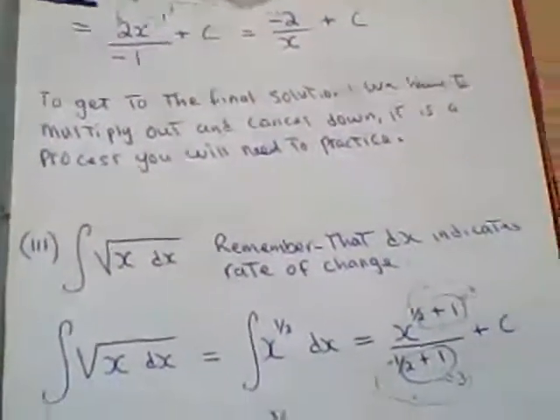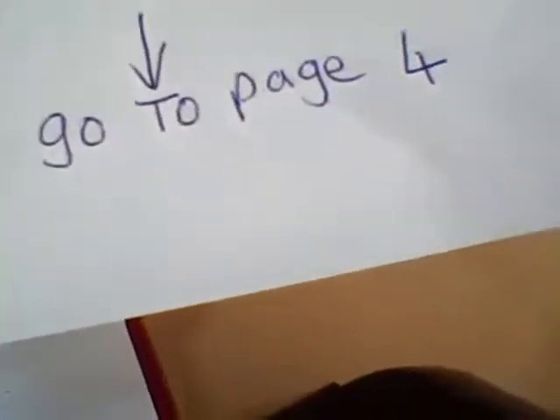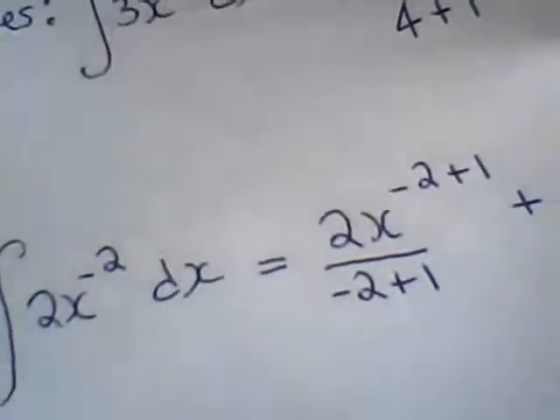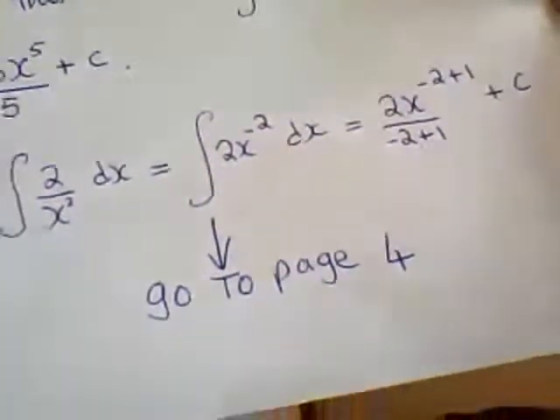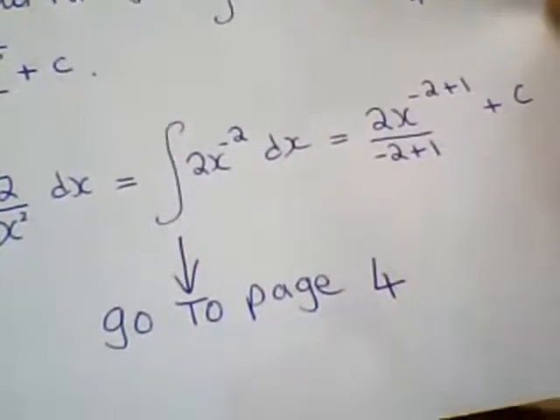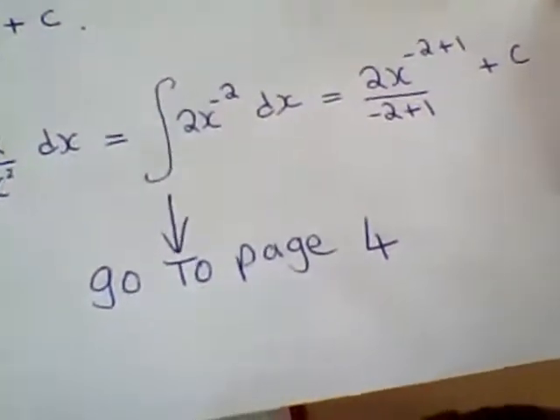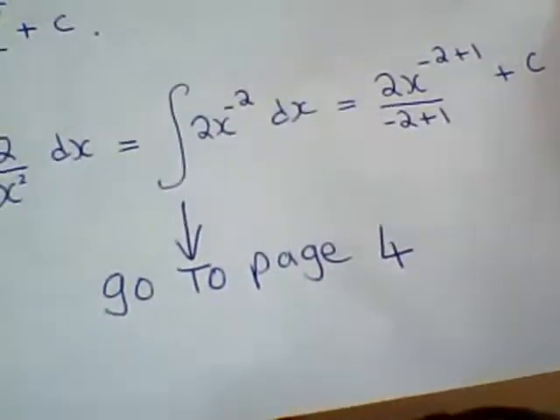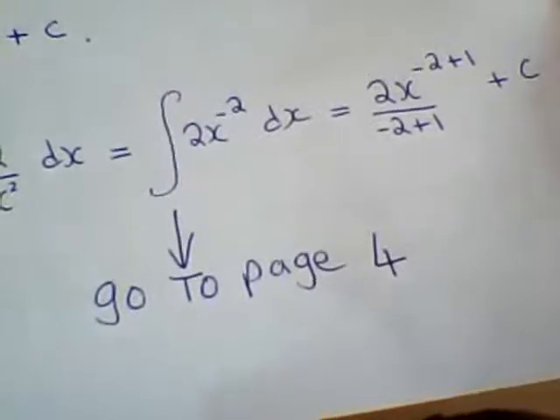If we go back to this just a moment here, and we're looking at this bit here. Let me just take it out a bit. You can then see that -2 + 1 becomes -1.